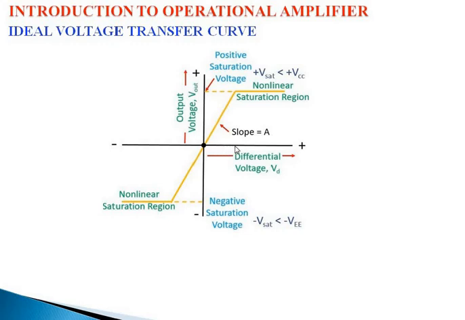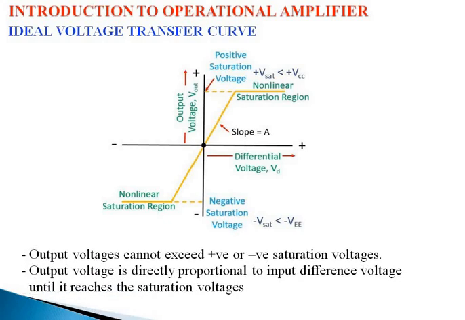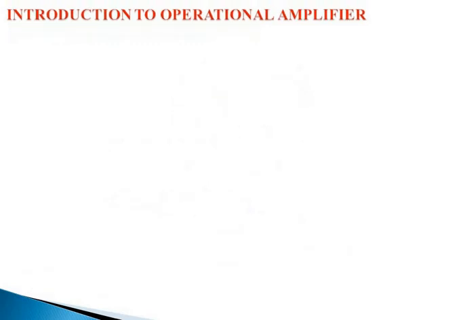After this small range, for a small increase in the differential voltage, output reaches saturation and it will remain at that saturation value. Even though the input voltage increases after that limit, the output voltage will remain constant at the saturation value, and the saturation value will always be less than the supply voltage. So output voltage cannot exceed positive or negative saturation voltages, which depend on the values of plus VCC and minus VEE.